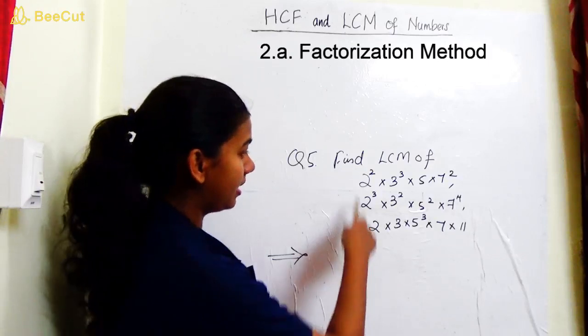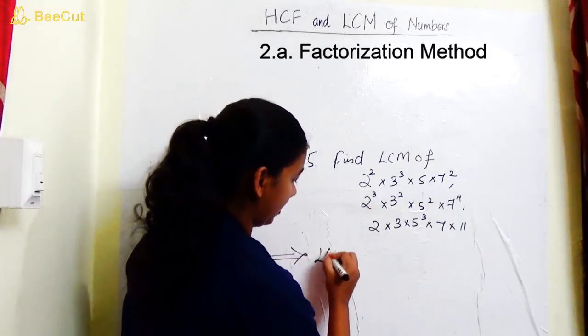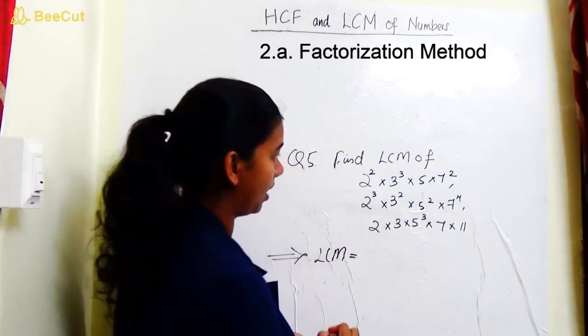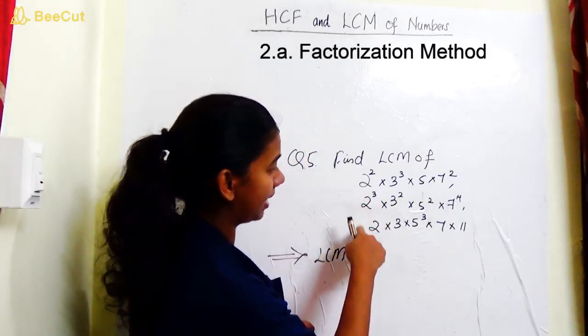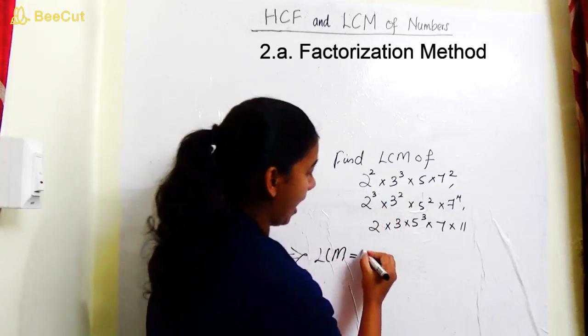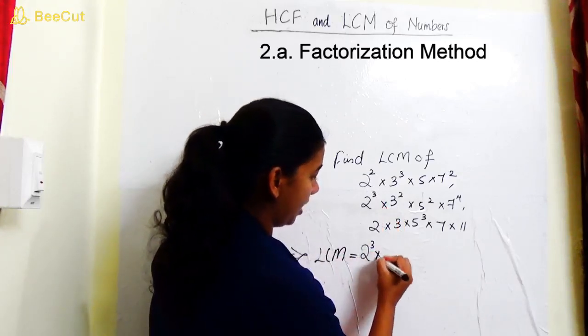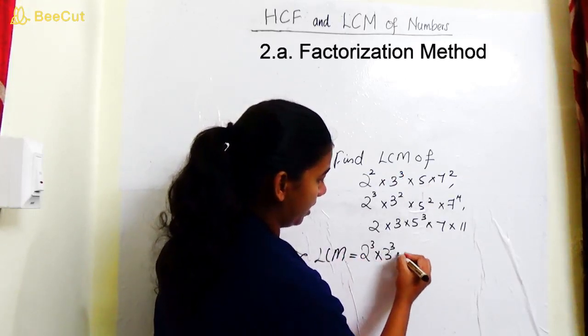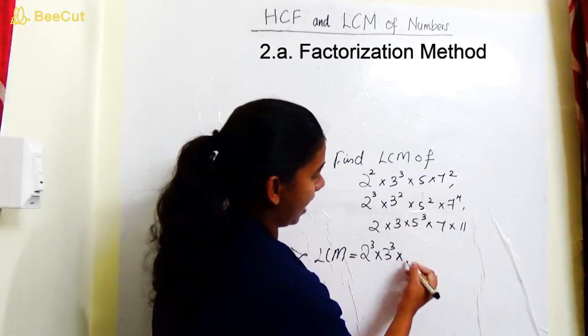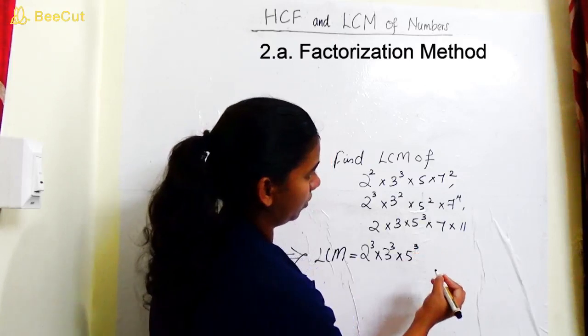Okay. So in case of 2, I can write LCM will be equal to, in case of 2, which is having maximum power, that is 3. So I write 2 cube into, in case of 3, 3 cube. And in case of 5, it's 5 cube.